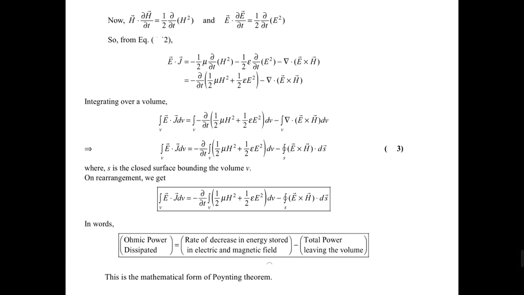So this entire second term indicates the rate of decrease in energy stored in the electric and magnetic field, because of this negative sign. And the right hand side term, the last term, indicates the total power leaving the volume.